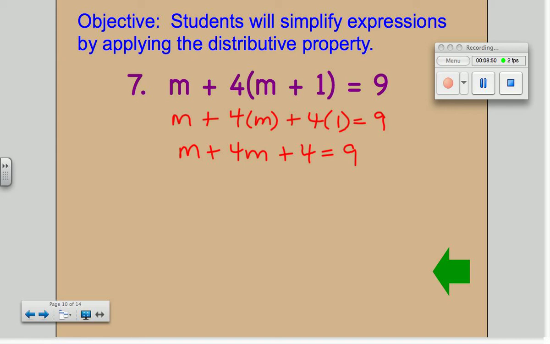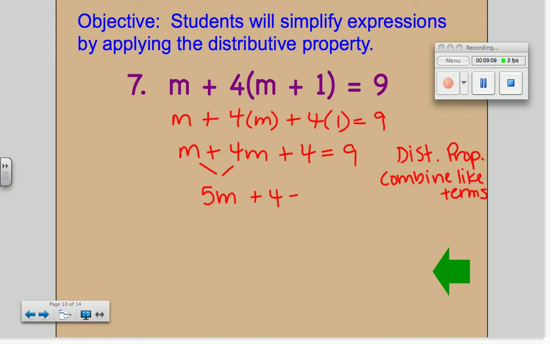So here we did our distributive property. Now I have to combine terms. Which terms are alike? The m's. M and 4m. That's 5m. Plus 4 equals 9. Now we can do the same that we did in the past.